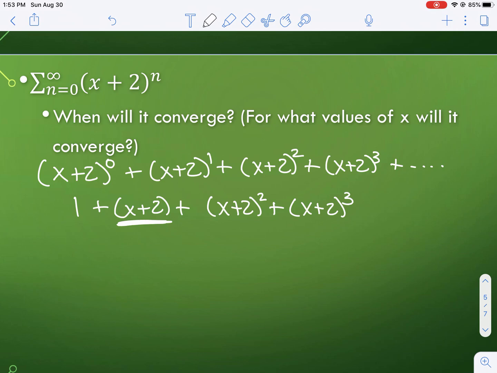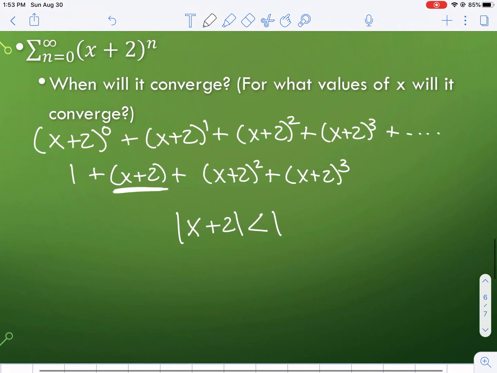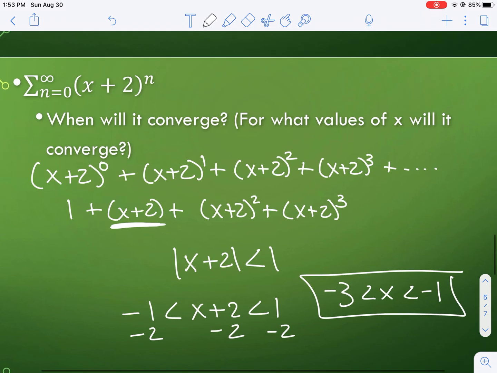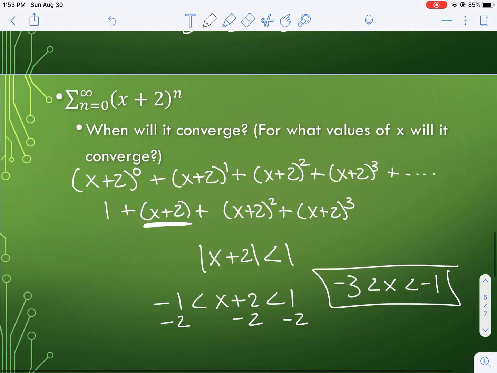So like last time, we have to say the absolute value of x plus 2 has to be less than 1 to determine what values it will converge for. So we're going to solve this inequality. And we see that it will converge in this interval. All right, so that is infinite geometric series.